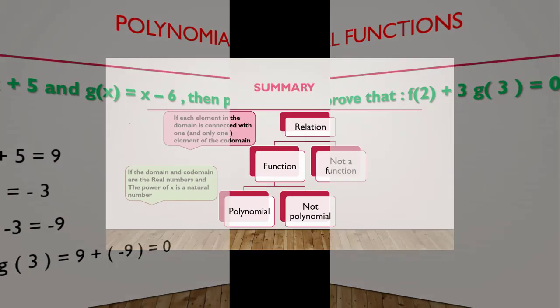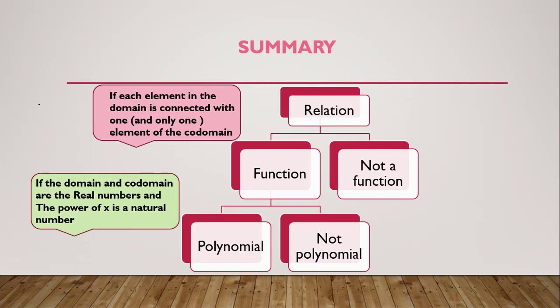Okay, so today we studied the polynomial functions. We studied before the relation, and we said that the relation can be a function and the relation can't be a function. So any relation can be a function or not. If each element in the domain is connected with one and only one element in the codomain, this is a function.